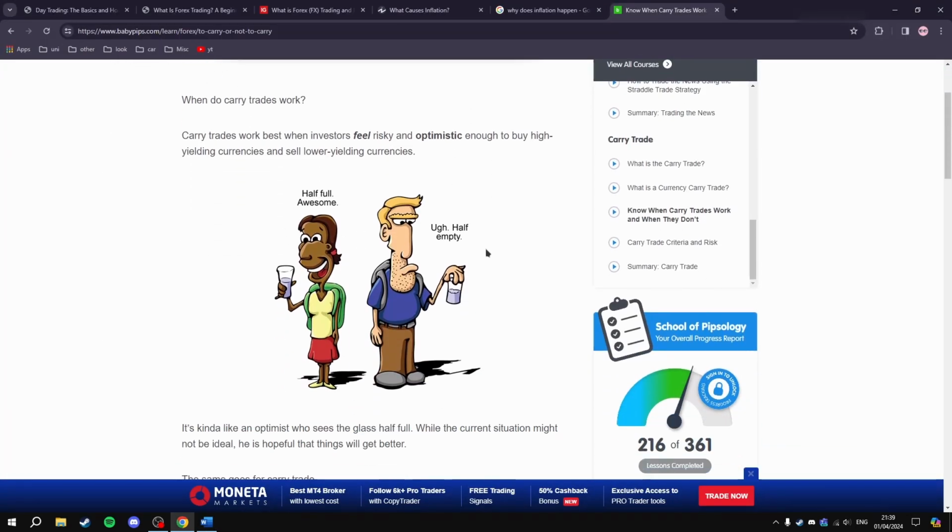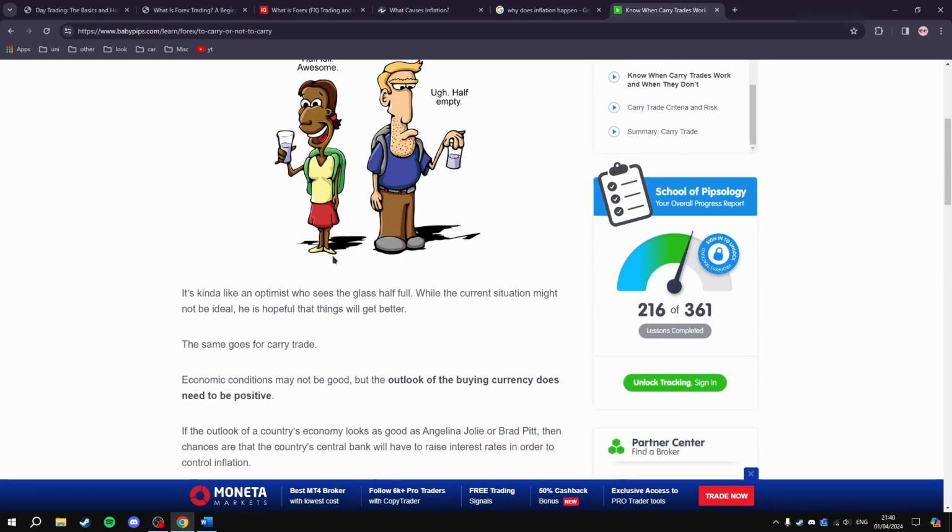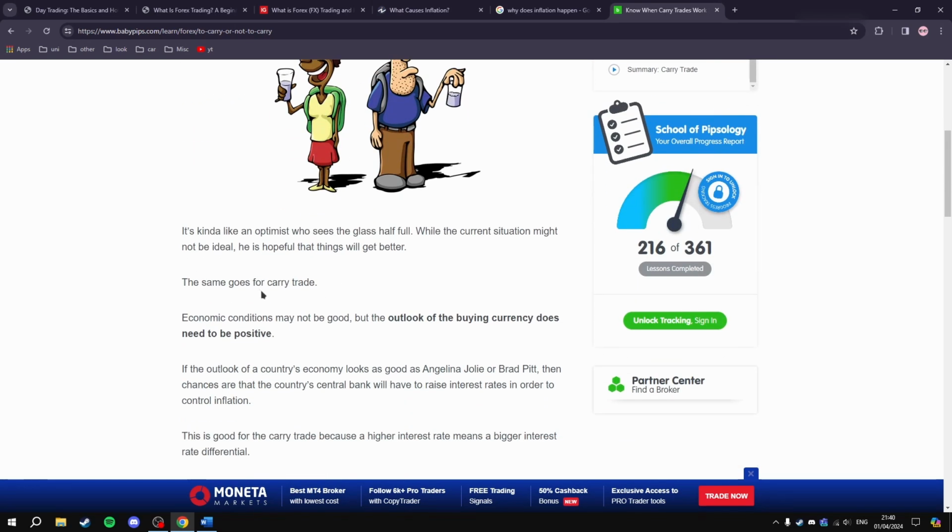Half full, awesome. Half empty. It's kind of like an optimist who sees a glass half full. Whilst the current situation might not be ideal, he is hopeful that things will get better. The same goes for carry trades.